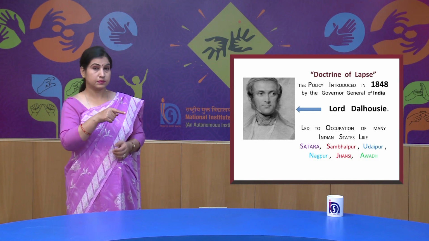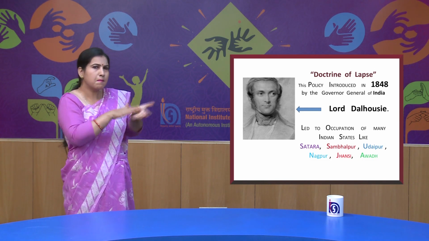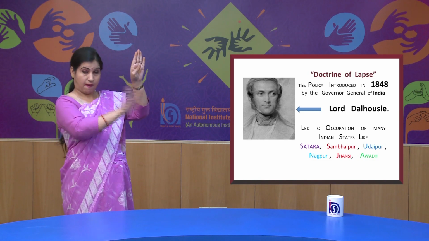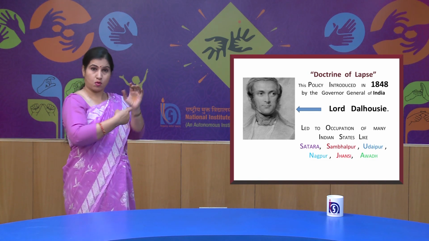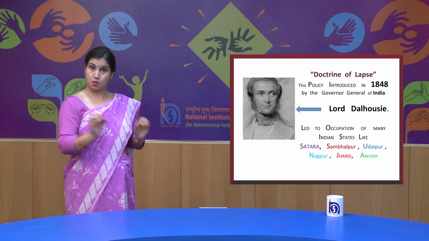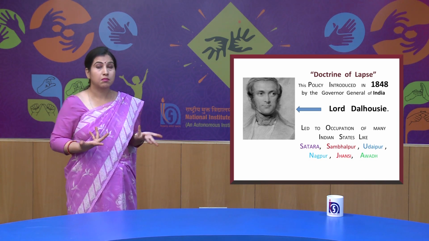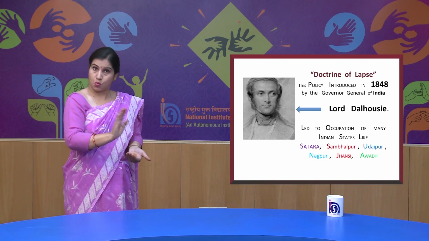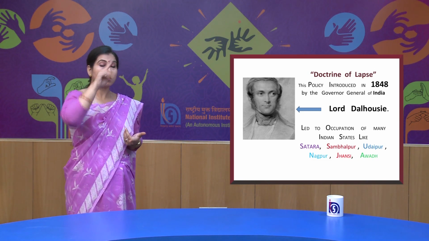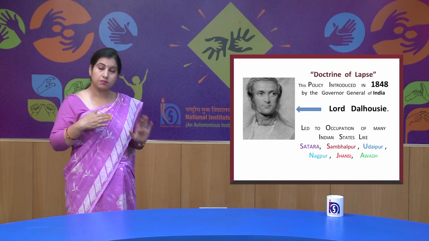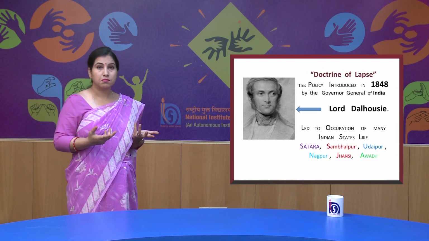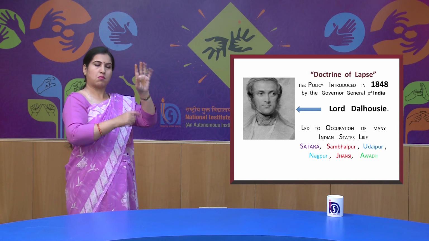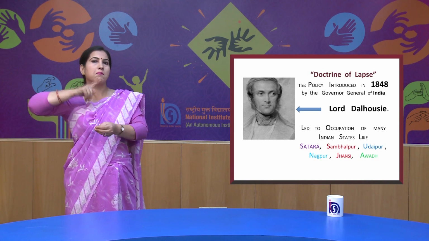This doctrine was based on the idea that in case the ruler of an Indian state died childless, that is, without leaving a natural born heir, the right of ruling will pass on to the British.